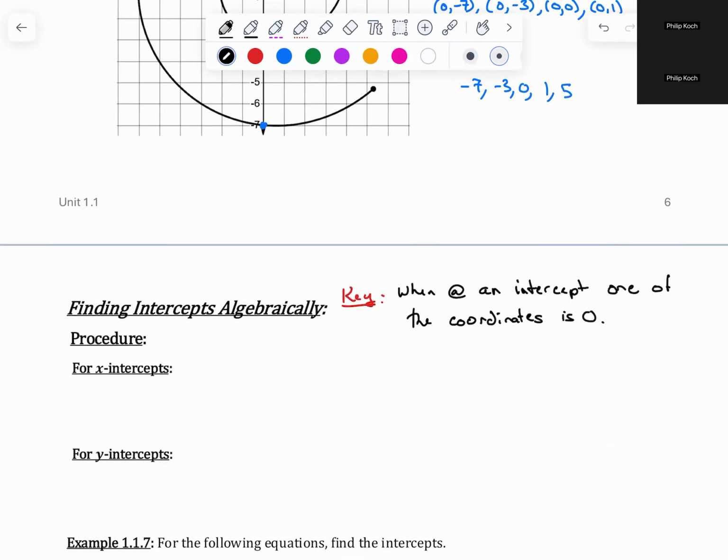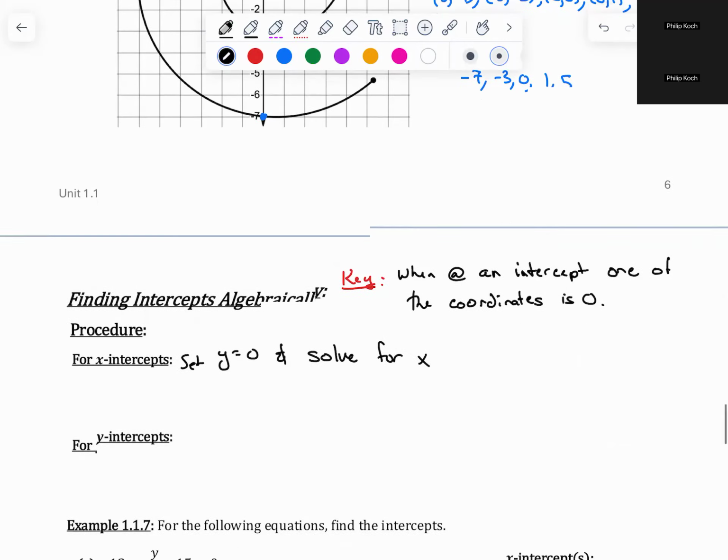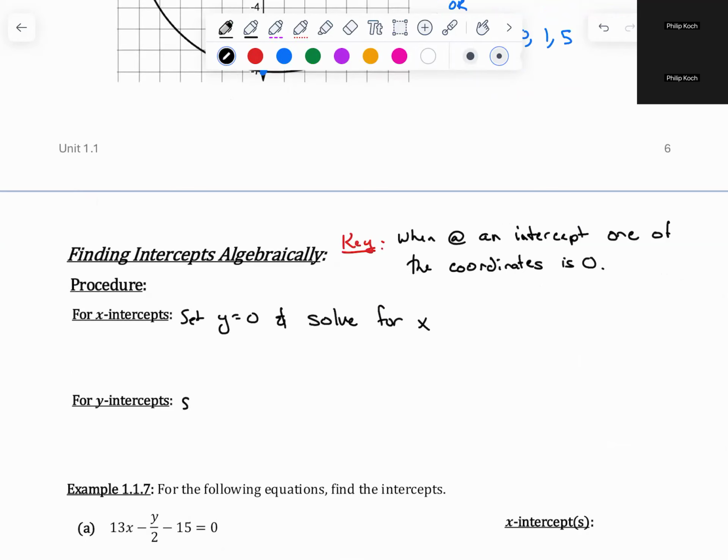If we know we're looking for x-intercepts, we automatically know that the y coordinate will be 0. That just has to happen because it's an x-intercept. So if we want to find the x-intercepts, we're going to set y equal to 0 and solve for x. And for y-intercepts, we're going to set x equal to 0 and solve for y.